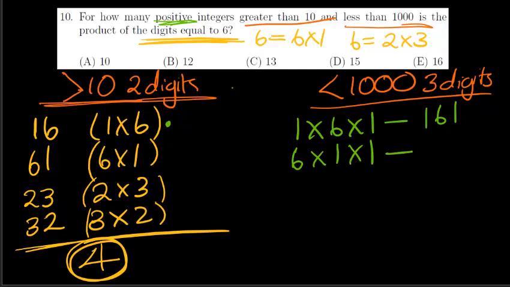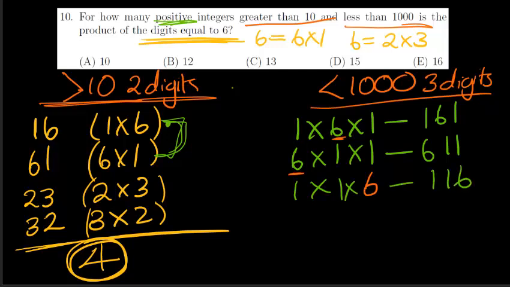That gives me 611. But wait, now I'm not done with this 6-1 combination. Notice that I have the 6 in the first place and in the second place. I can put the 6 in the third place, and if I do that, then I will have 1 times 1 times 6. So that means I've got 116. Those are 3 different 3-digit numbers that are all equal to 6 if I multiply the digits with each other.